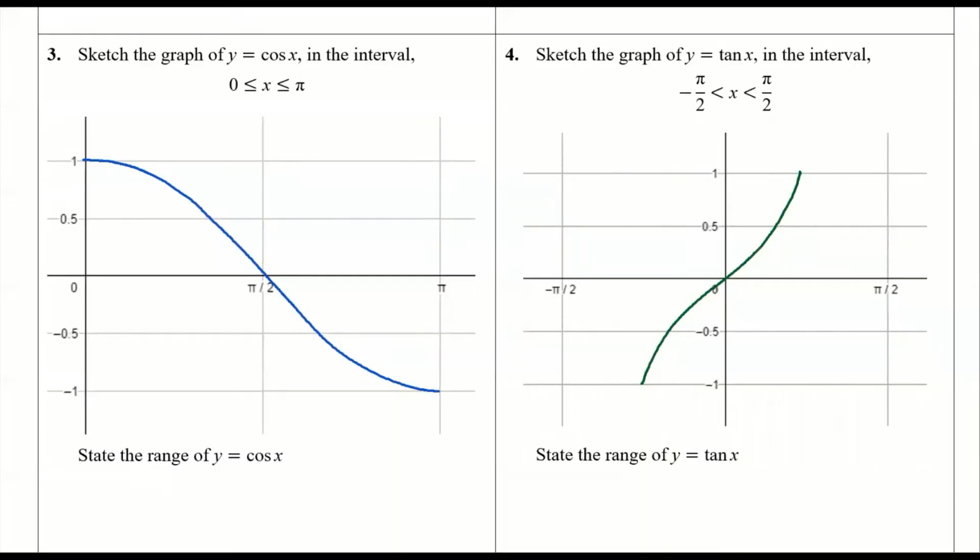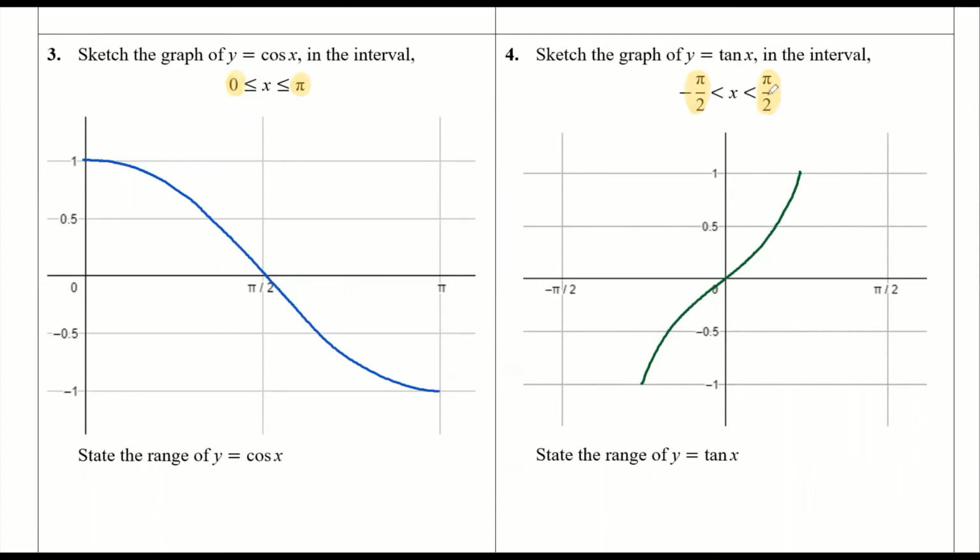All right, and for questions 3 and 4, we again have to sketch the graphs of y equals cos x, which you're familiar with, and y equals tan x, for 2 different domains: for 0 to pi in the case of cos x, as you can see here, and in the case of y equals tan x from -pi over 2 to pi over 2.